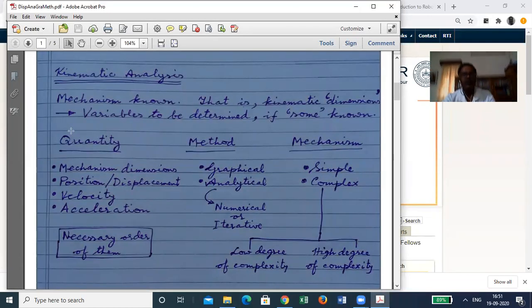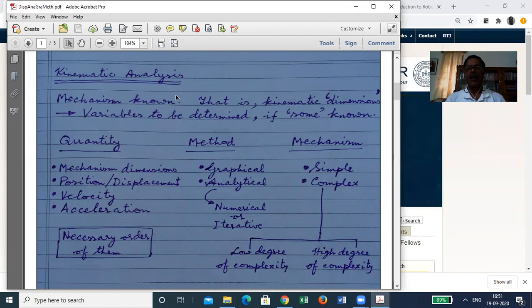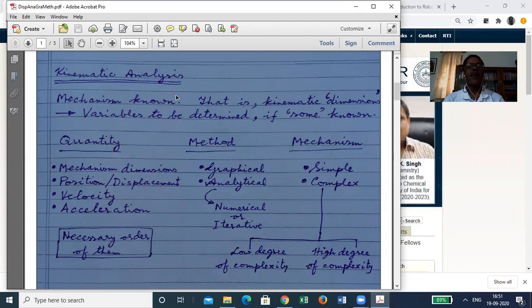Now in kinematic analysis, the understanding is that the mechanism is known. That means its kinematic dimensions or kinematic parameters are known, and the variables are to be determined.